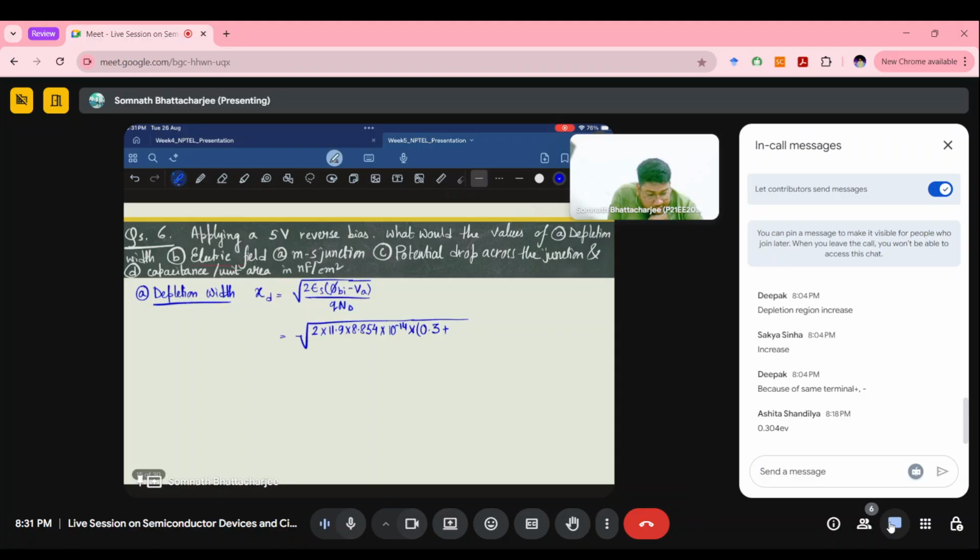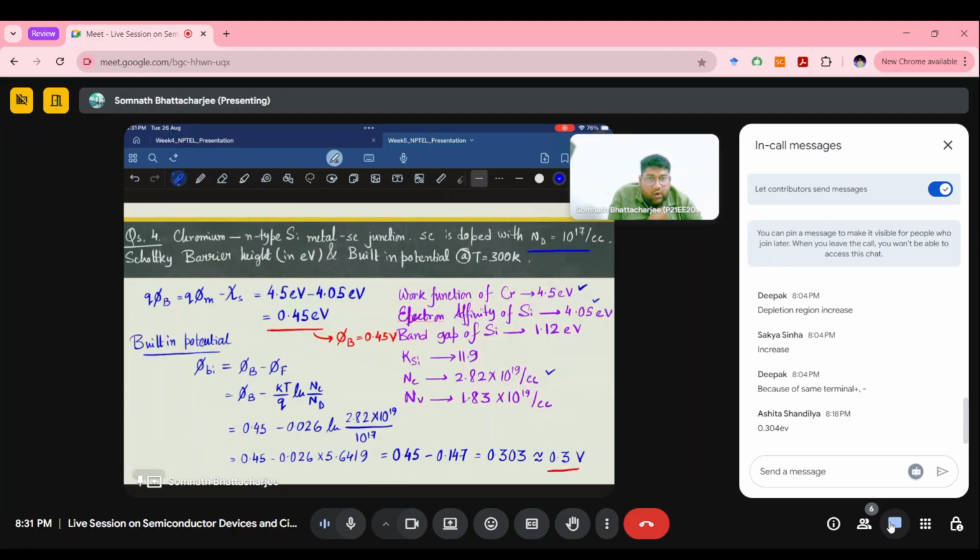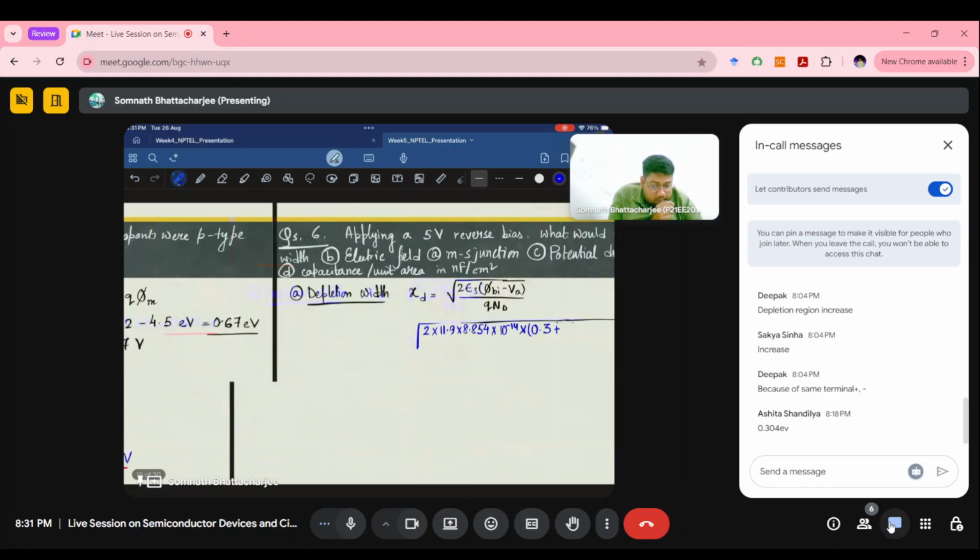The 0.3 value is directly from question number 4, where we have just done this. Otherwise we can also use 0.304 or 0.303.